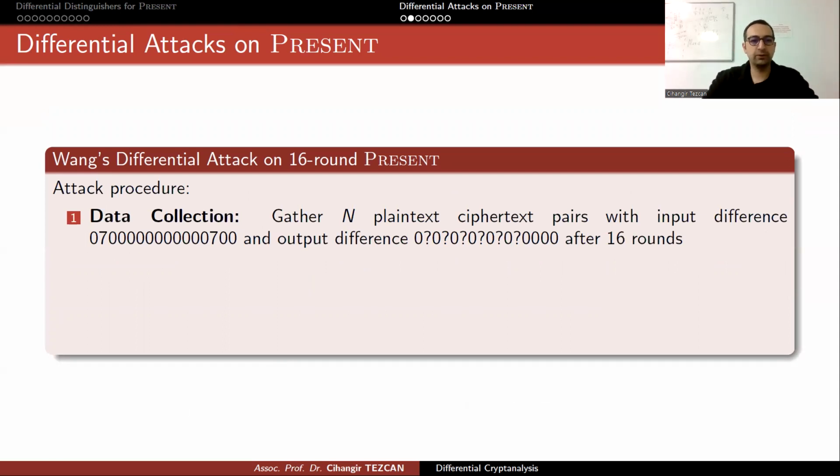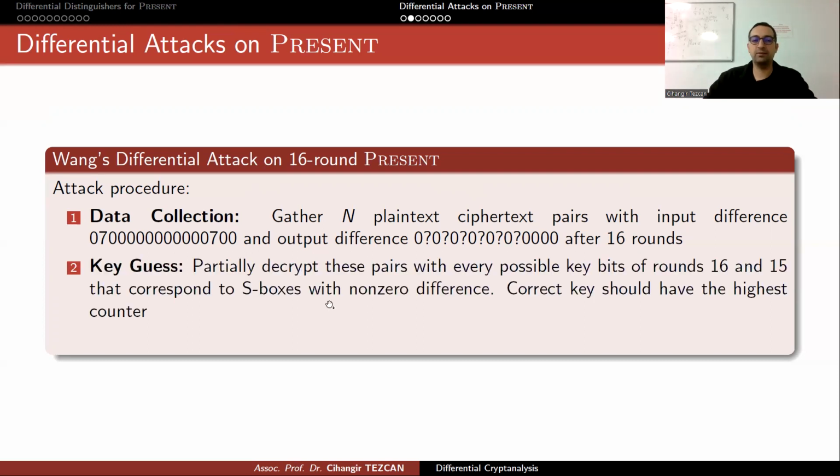The attack procedure is as follows. First, we start with data collection. You gather M plaintext-ciphertext pairs with the input difference, as in the case of Wang's differential, and the output difference in this form, again in hexadecimal. But again, this is what happens after 16 rounds. Now we are going to partially decrypt the 2 rounds by trying every possible affected round key bit to see if it gives you the expected difference.